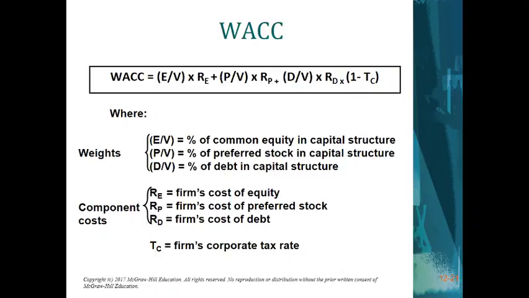And you take the weight of debt, multiply that times the firm's cost of debt to come up with the weighted average cost of debt. And that's your total weighted average cost of capital.